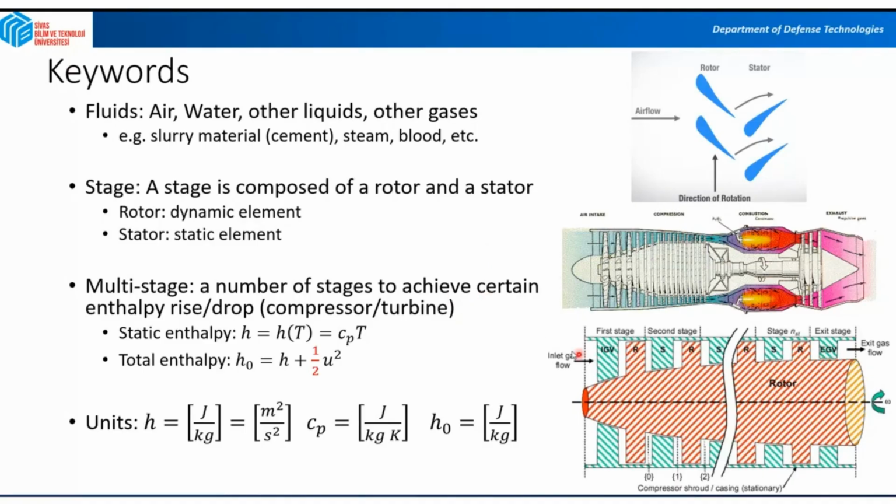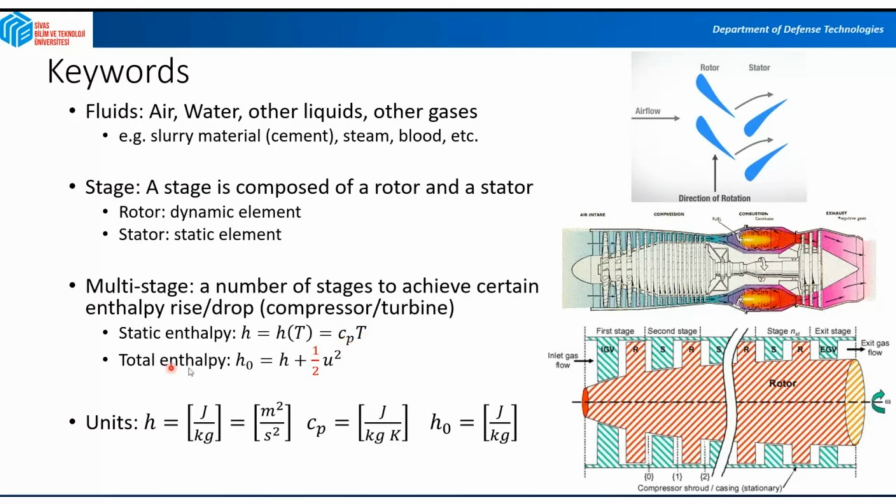We said that we are using the compressor or turbine to either increase the pressure or decrease the pressure. This pressure also shows itself in the enthalpy. Do you remember what the enthalpy was in your thermodynamics? The enthalpy was defined as your Cp times temperature.